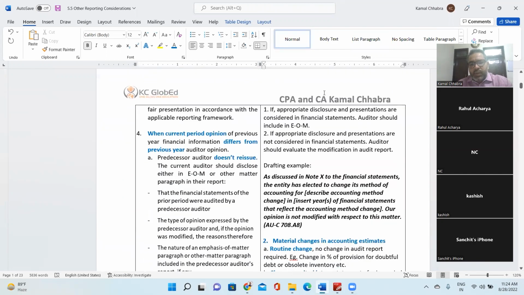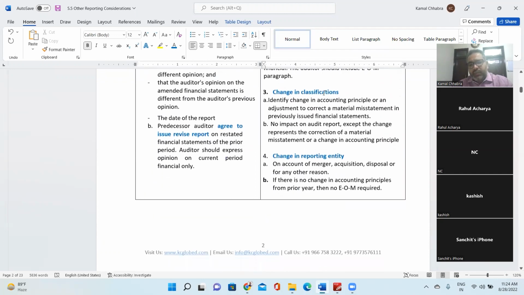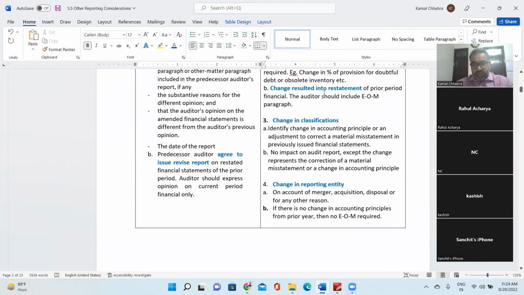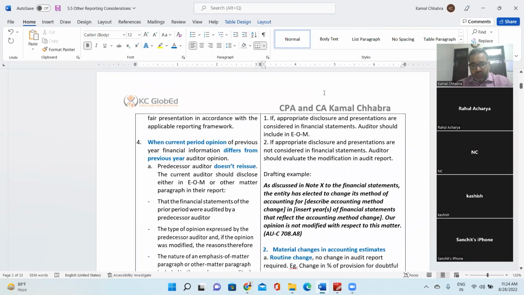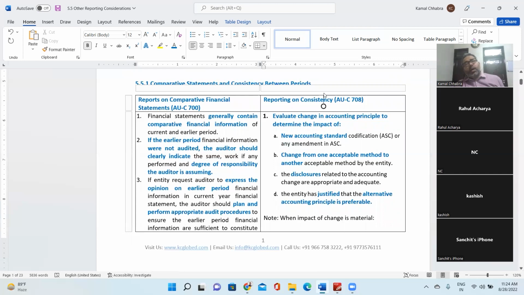Or second is any material change in accounting estimate or any change in classification. And lastly, if there is any change in reporting entity. So these are the major four factors when you look at it in more detail about the consistency of the application of accounting standards or accounting standard codification.